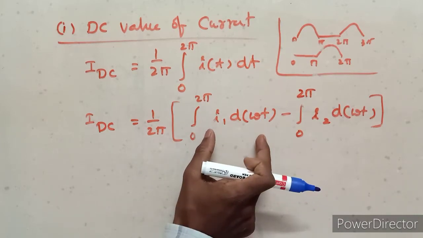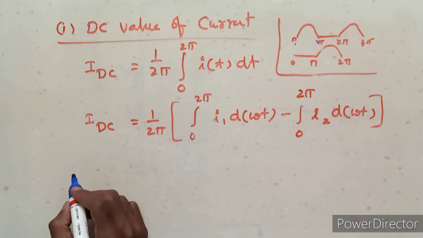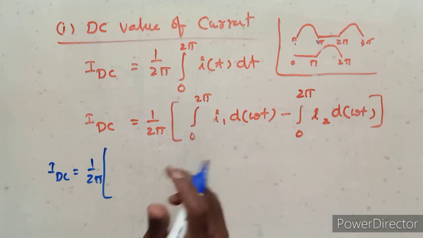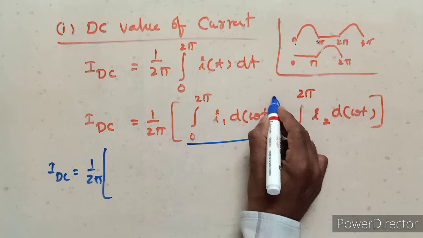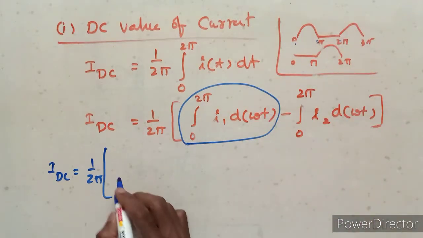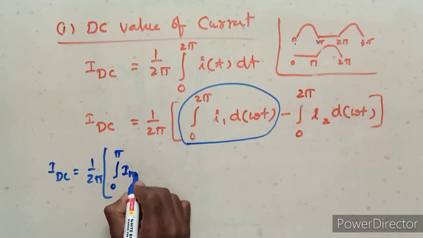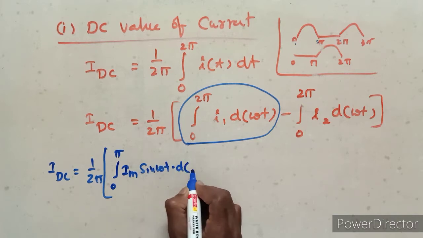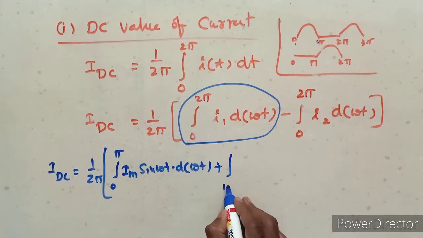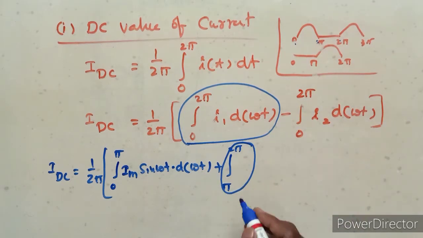In forward current there are two conditions: 0 to pi is allowed, pi to 2 pi is not allowed. So I DC equals 1 upon 2 pi, integration 0 to pi allowed, Im sin omega t d omega t, plus integration pi to 2 pi not allowed, so this is 0. Next, minus.